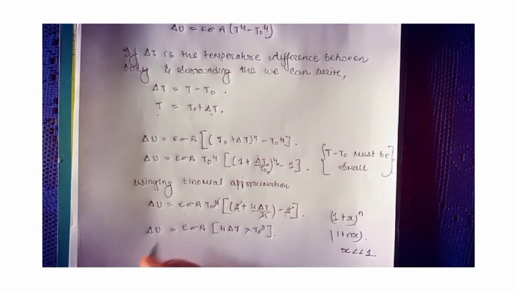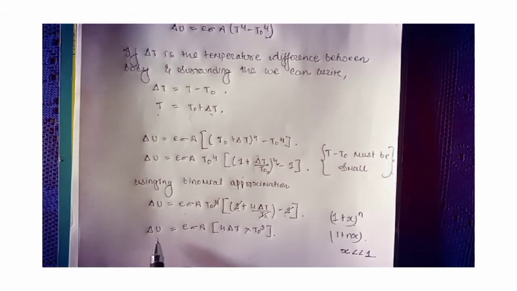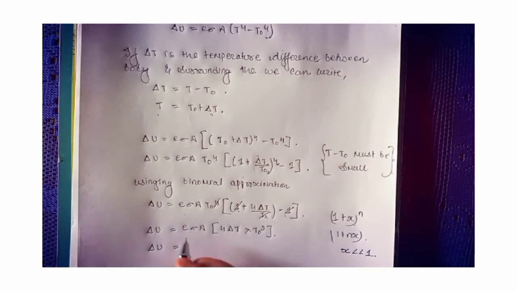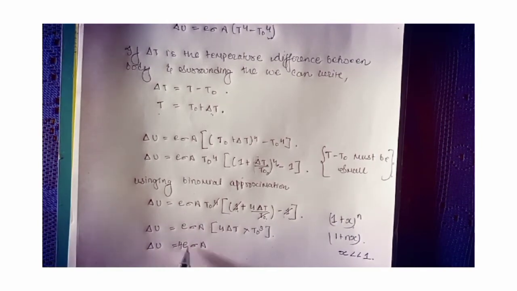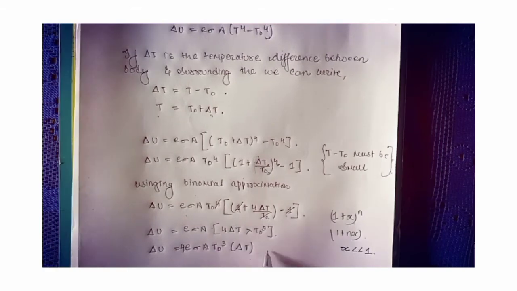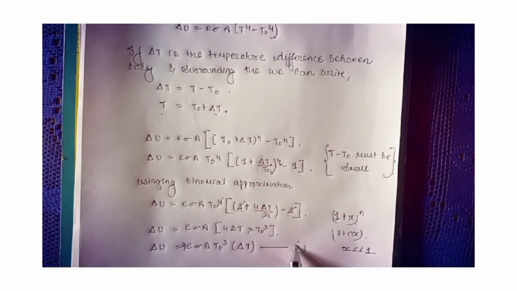Then, in a more simplified way, we can write 4 E sigma A T naught to the power cube del T. We can mark it as equation number 1.